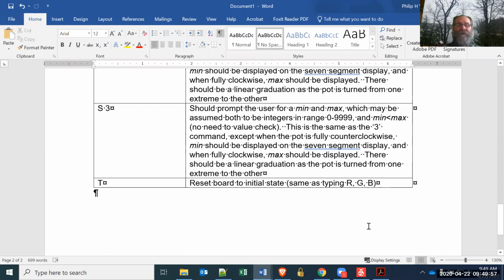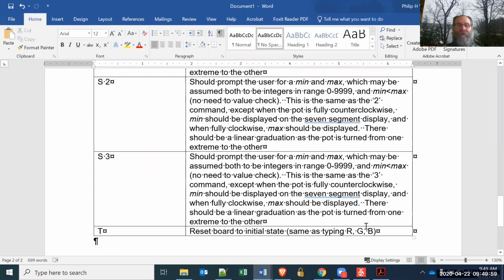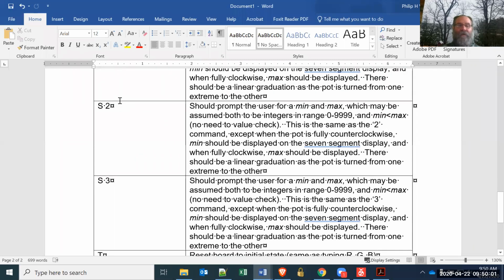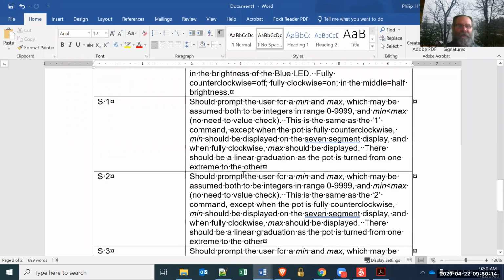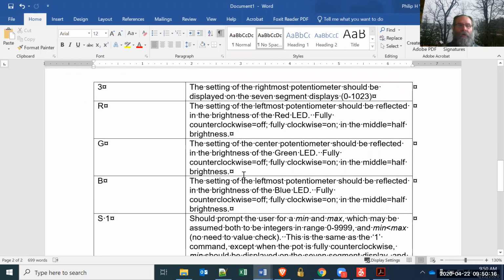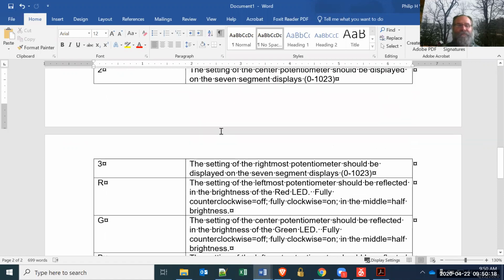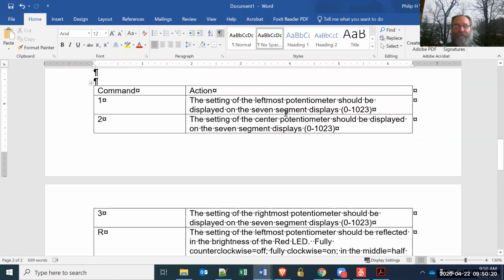So the pieces of this that you have or should have are typing to and from PuTTY. So you should have some UART routines, hopefully, or if you don't have them done, they're hopefully in the process of being finished. You have routines to display on the 7-segment displays, interrupt driven, hopefully.